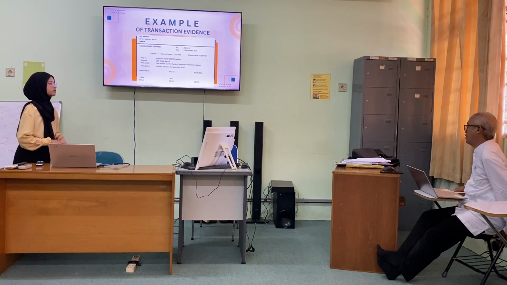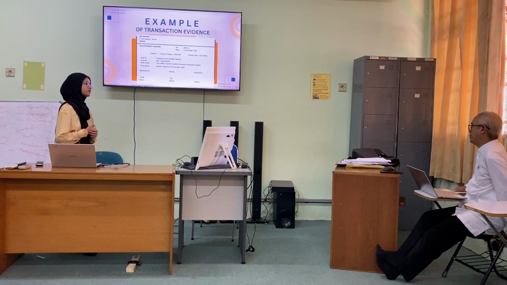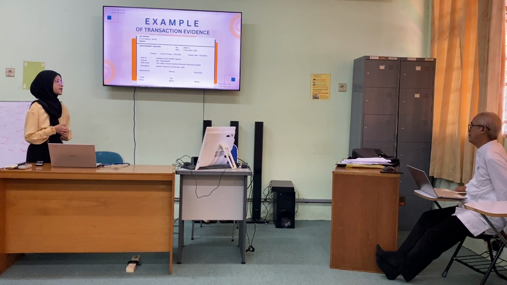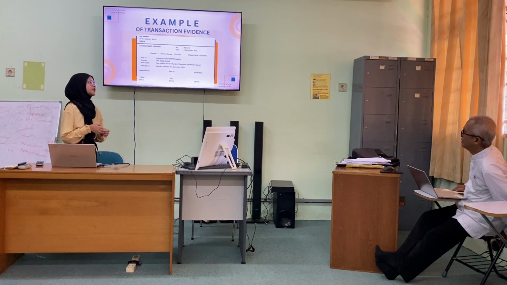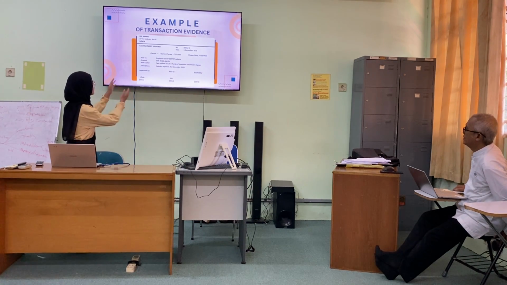So in accounting, which one is debit and credit? The debit is salaries payment expense, and the credit is cash in bank. Why? Because salaries payment is an expense.